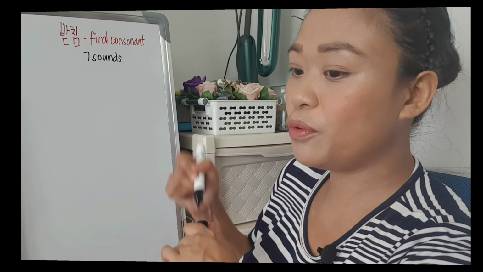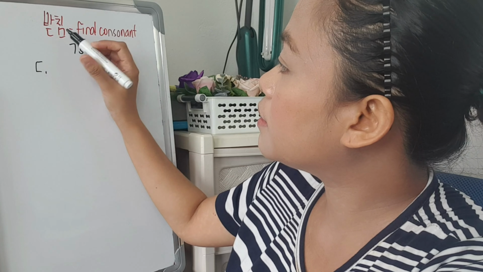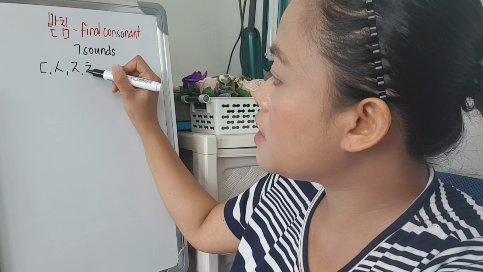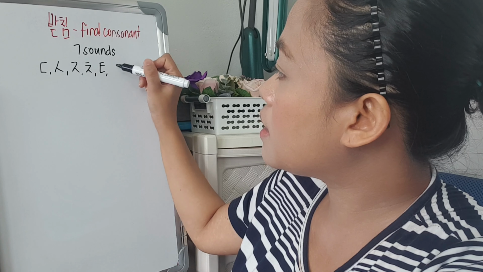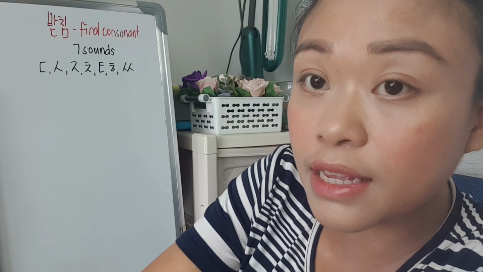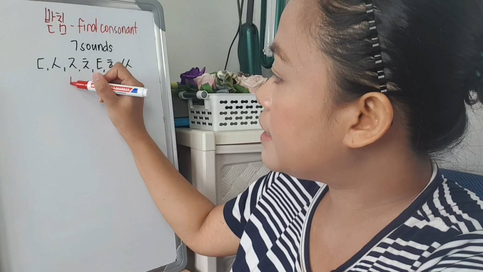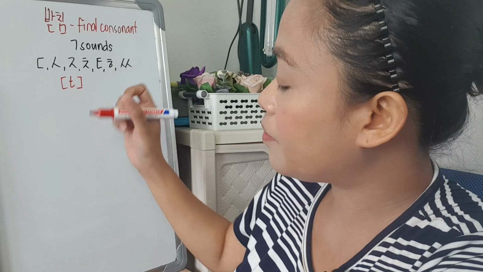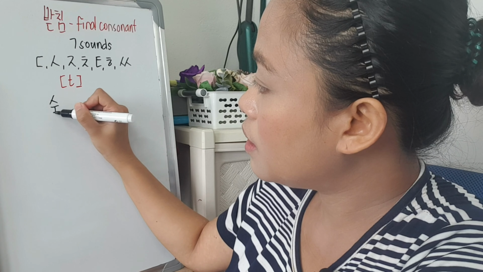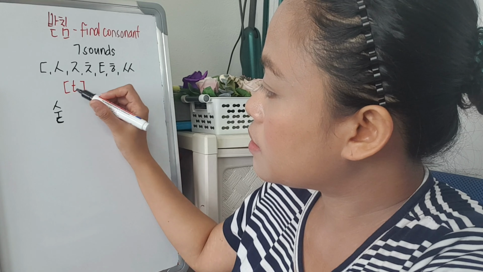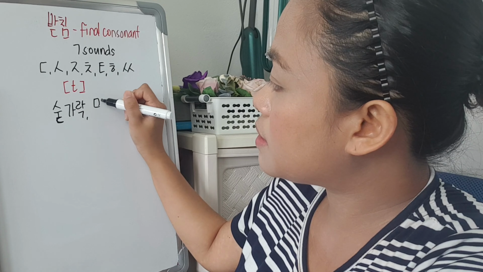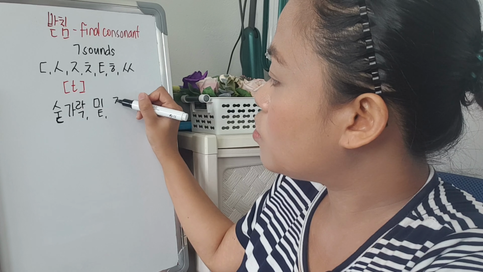For this group, we have digut, shiyut, jiyut, chiyut, tiyut, hiyut, and sangshiyut. They represent the sound T. For example, sutkarak, meat, and chotkarak.